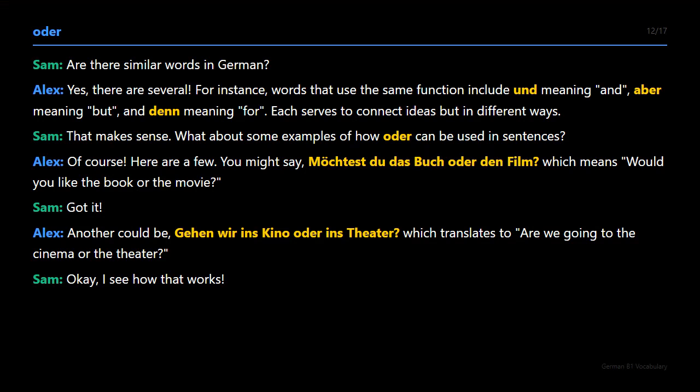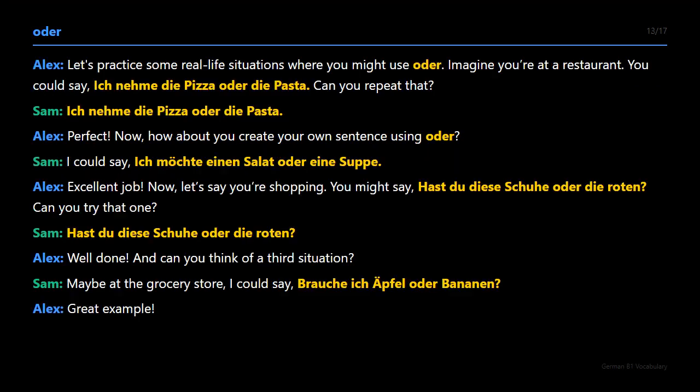Okay, I see how that works. Let's practice some real-life situations where you might use oder. Imagine you're at a restaurant. You could say, Ich nehme die Pizza oder die Pasta. Can you repeat that?